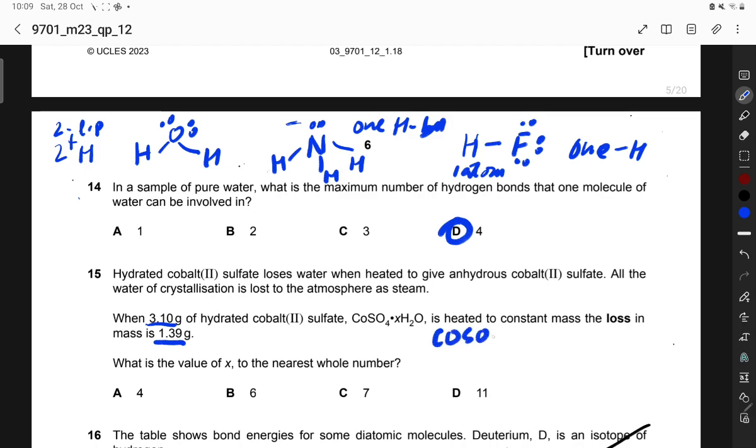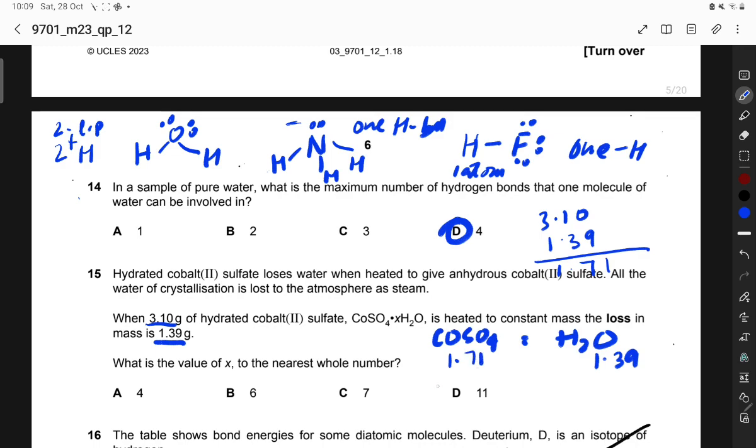So cobalt sulfate and water. We have water mass is 1.39 and total mass is 3.10.